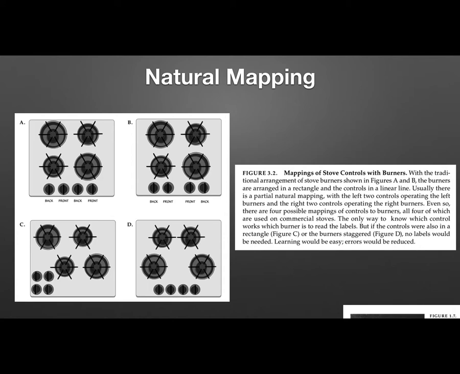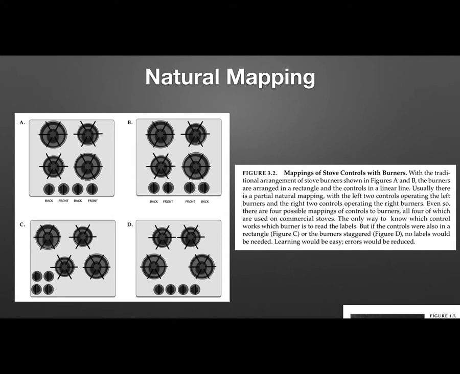The easiest way to do this would be to put the control for each burner on the burner. But you can't do that because it will get very hot and people will burn their hands when they try to turn them off. So we get stuck with the idea that they're going to have to be off to the side somewhere. Sometimes we'll see stoves with them labeled, often with little pictures of the stove showing the 4 burners, with the burner that it activates highlighted.